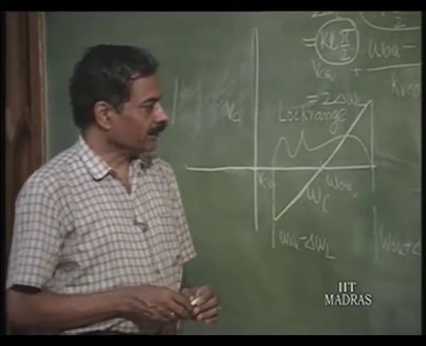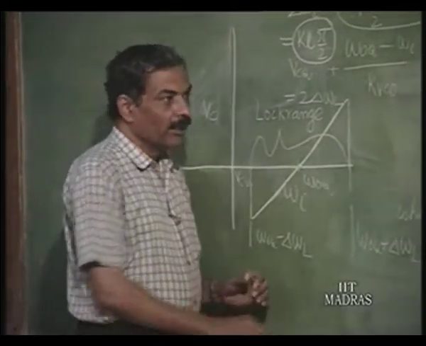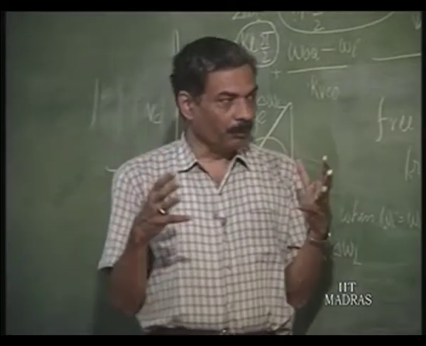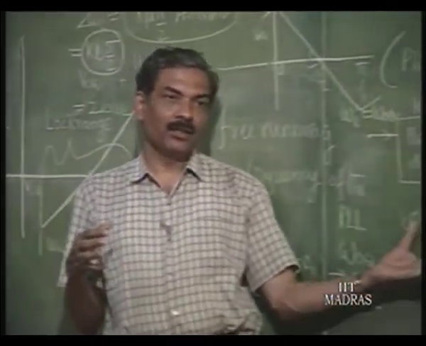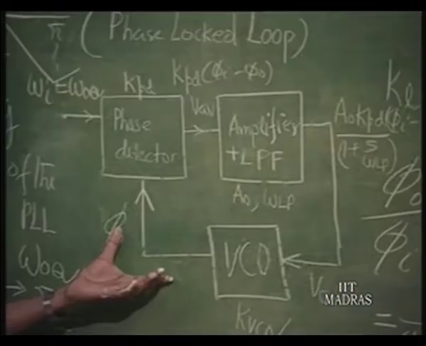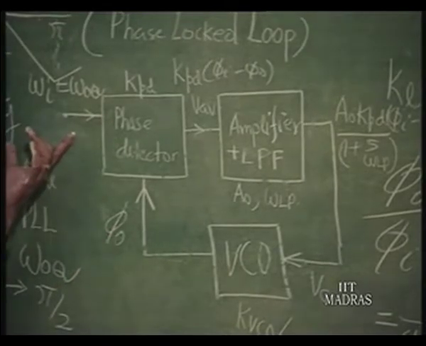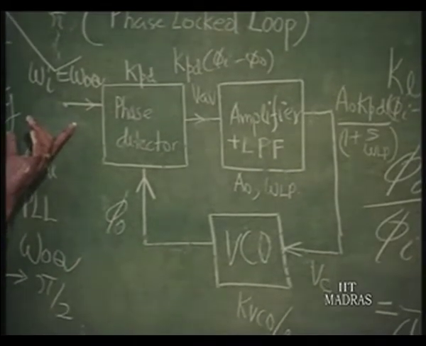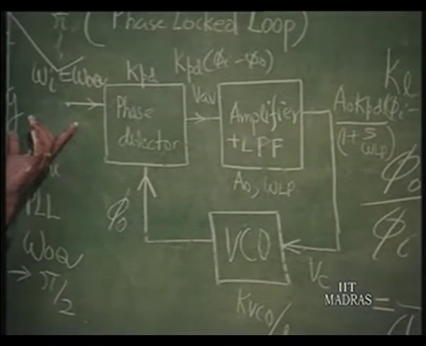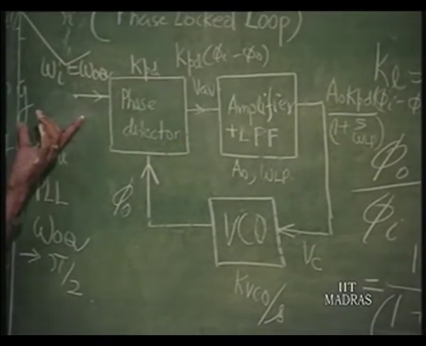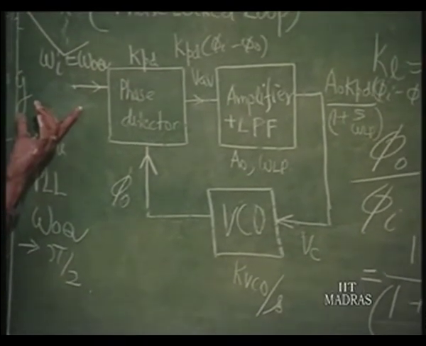Once again, let us emphasize this fact. The phase lock loop was free running at omega naught q when nothing was connected to it. Then I connected an incoming frequency which was equal to omega naught q.